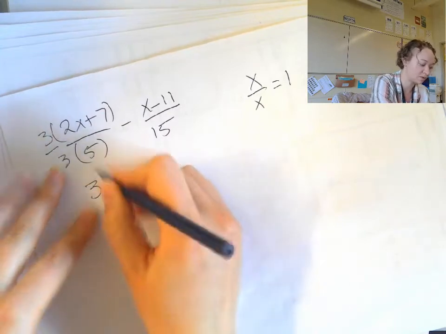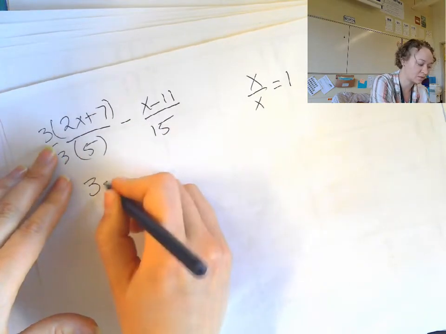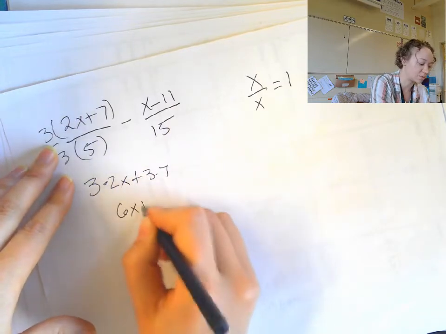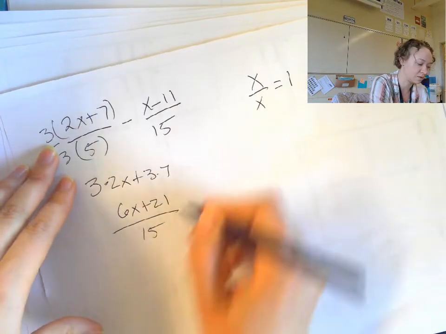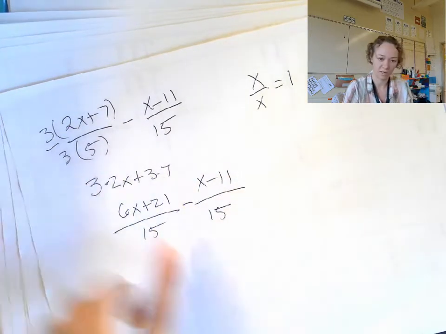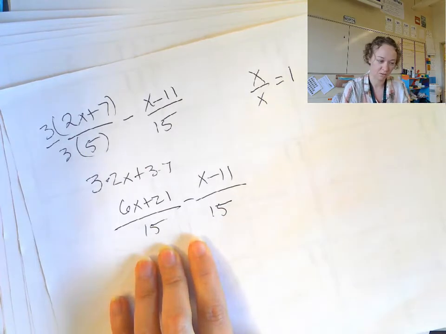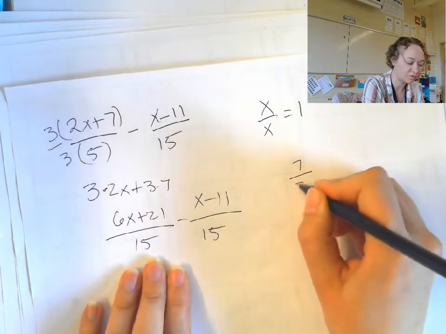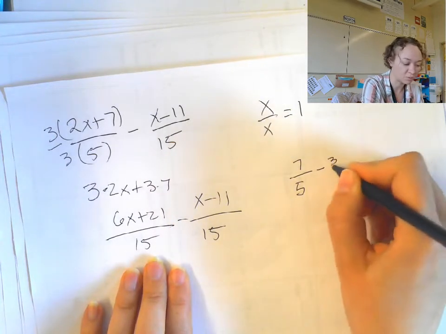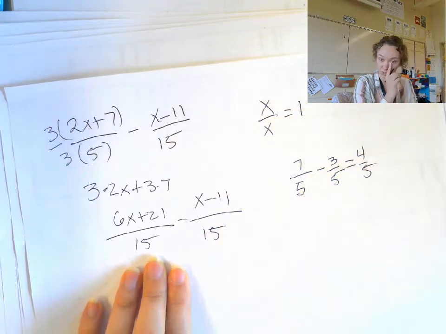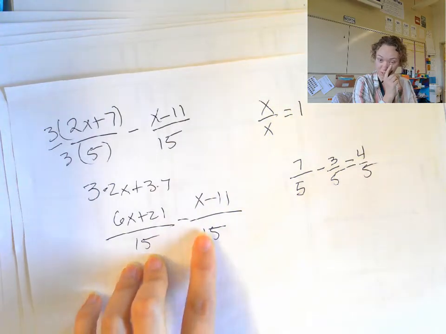So that gives me 3 times 2x and 3 times 7, so 6x plus 21 over 15 minus x minus 11 over 15. And now that these are the same denominator, just like how 7/5 minus 3/5 would equal 4/5, we can just leave the denominator the same and subtract the numerator.